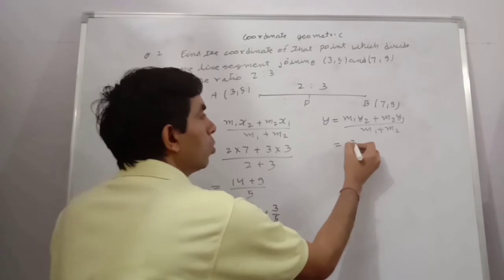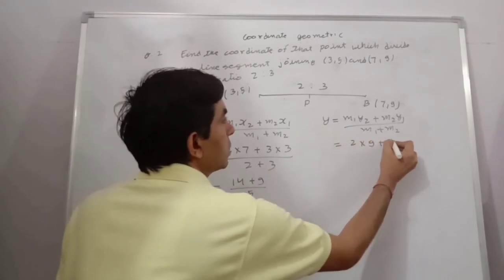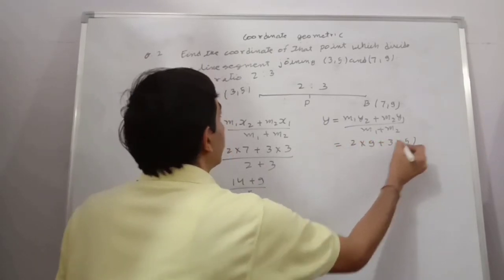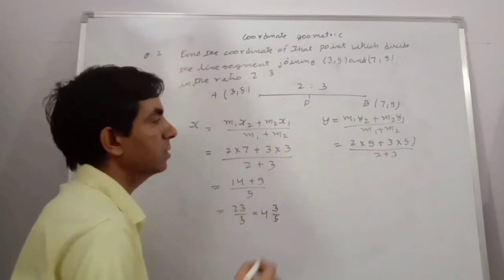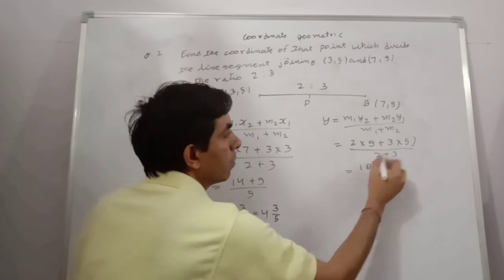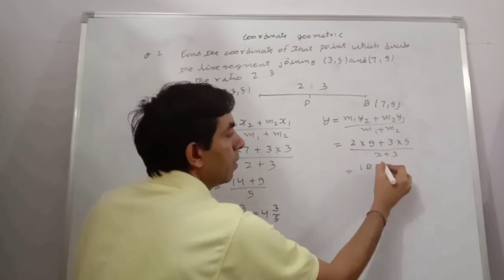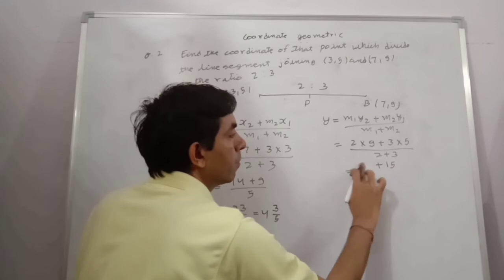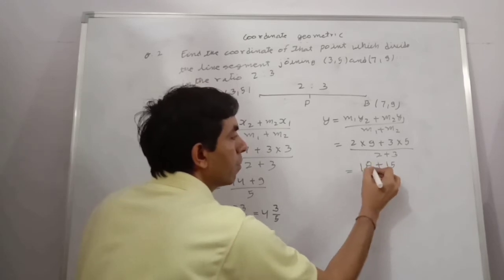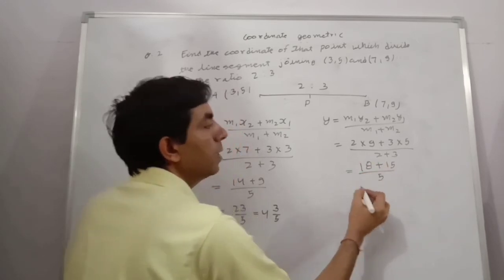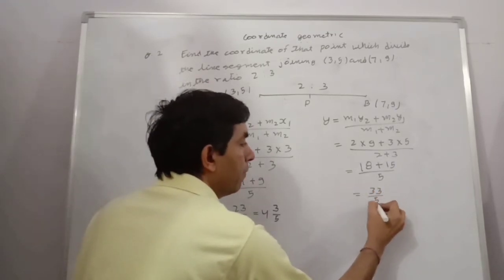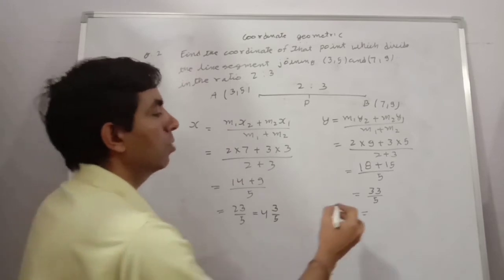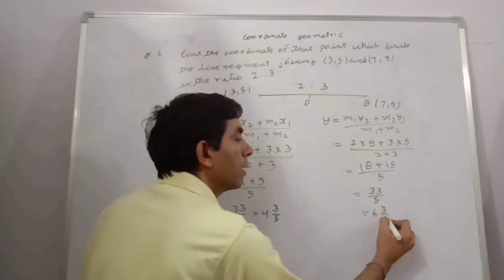So solving it, 2 multiply 9 plus 3 multiply 5 upon 2 plus 3. 2 times 9 is 18 and 3 times 5 is 15. 2 plus 3 is 5, and 18 plus 15 is 33. Upon 5, changing to a mixed fraction, we get 6 3/5.